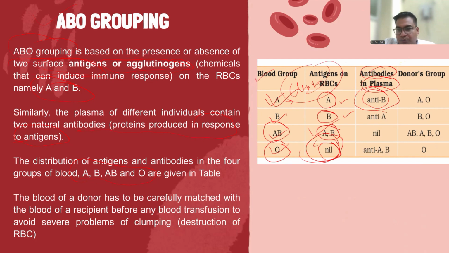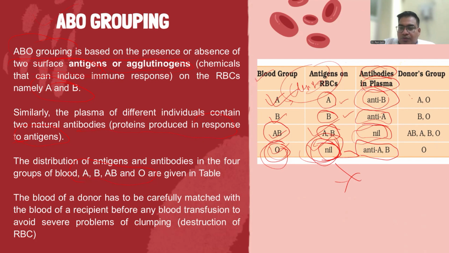In case of B blood group, the plasma contains anti-A antibody. In case of blood group AB, there will be no antibodies in plasma. In case of O blood group, both the antibodies anti-A and anti-B will be present, because there are no antigens in case of O blood grouping, so there will be no reaction.